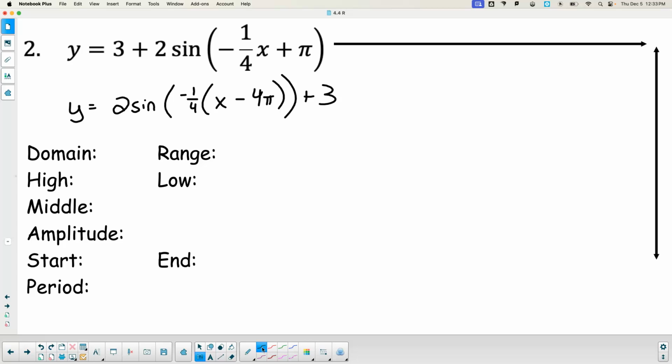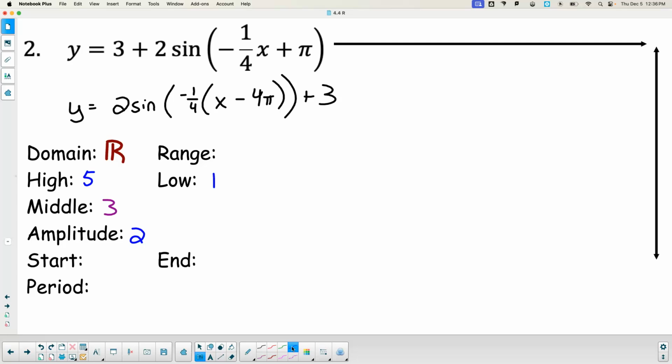Yeah, because the b value is negative. Domain is all real numbers. Middle is 3. Amplitude 2, which means I go up all the way to 5.